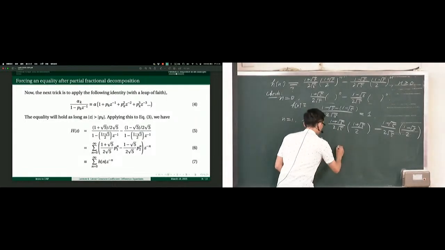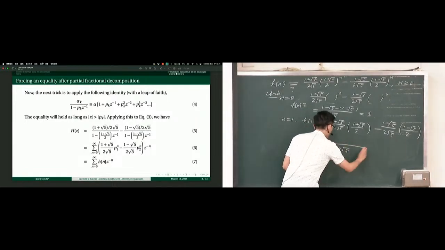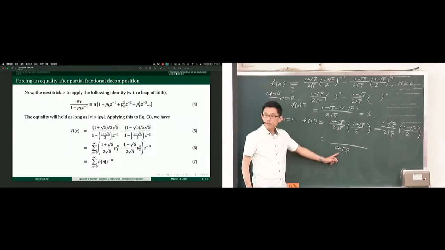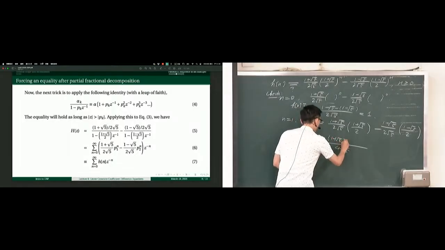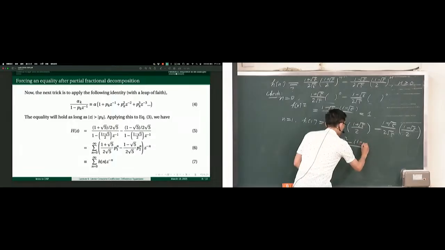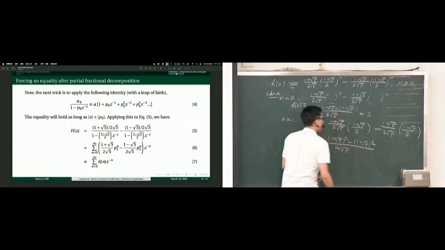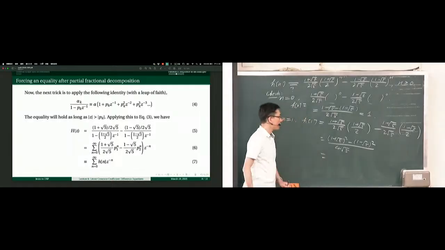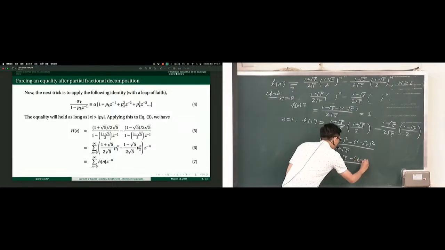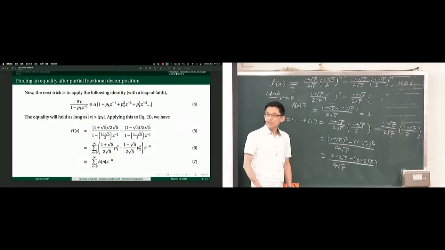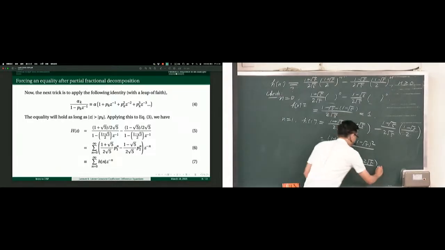It seems like we have 4 square root of 5 at the bottom, and on top we have 1 plus square root of 5 squared minus 1 minus square root of 5 squared. And what is that? Still 4 square root of 5 at the bottom, but on top we have 6 plus 2 square root of 5 minus 6 minus 2 square root of 5. And lucky, again, H1 is indeed 1.